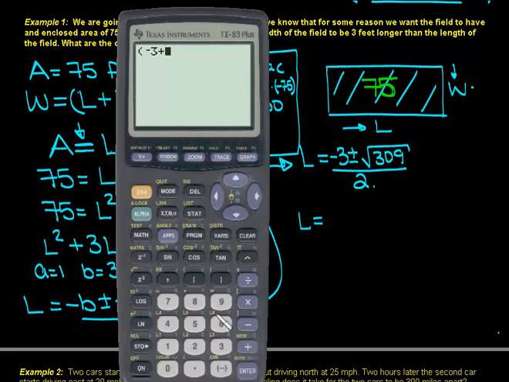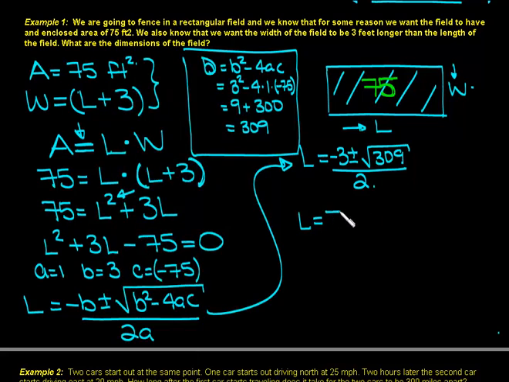Minus 3 plus the square root of 309, divide that by 2. So we get 7.289. So we can round that off there. So that's one answer.